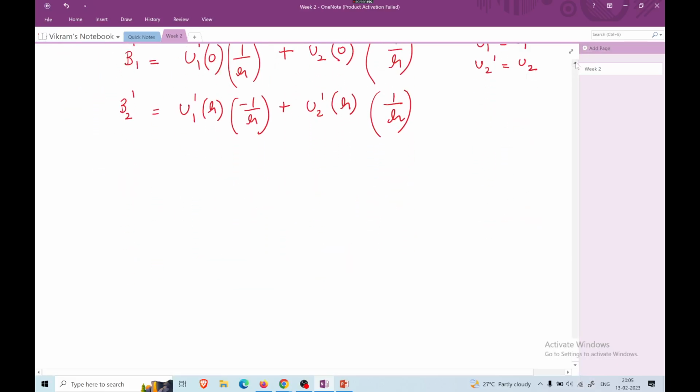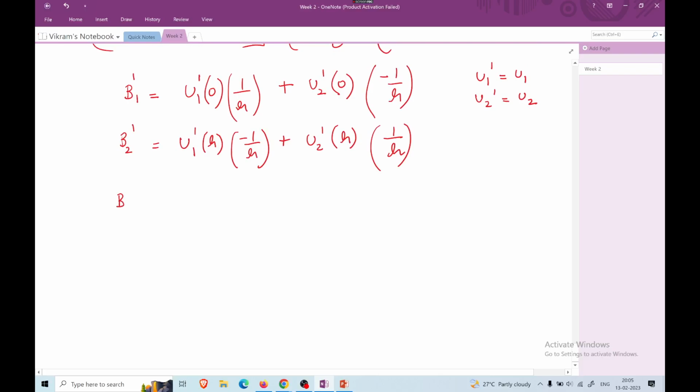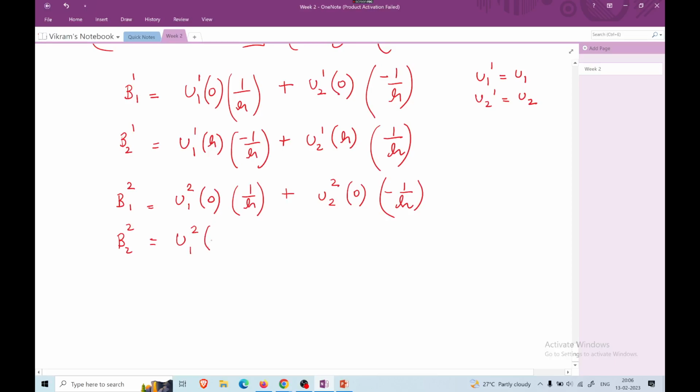Similarly, I am going to write b1 and b2 for the second element, b12. This is going to be h.